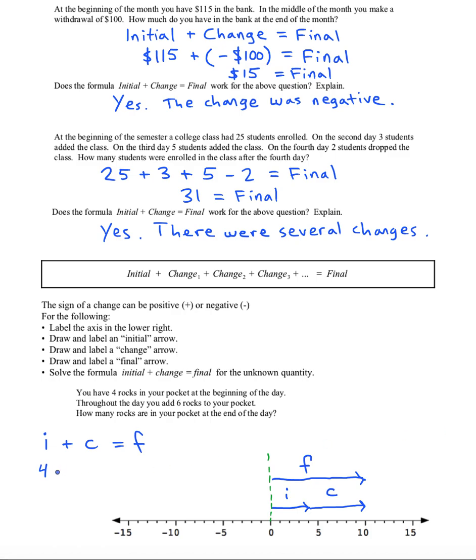So there were 4 rocks plus 6 rocks equals the final. The final is going to be our unknown quantity here. The 4 and the 6 were given. They actually asked us for the final. So let's solve the equation.